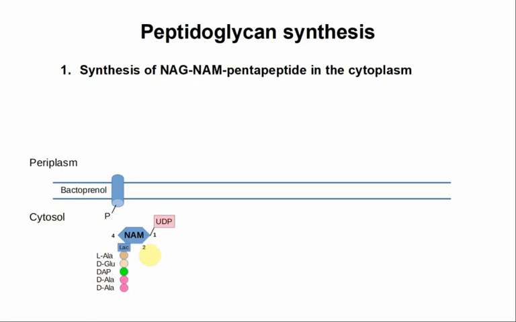Right. Next step is that this whole thing is going to be connected to bactoprenol. So this is the lipid part. Initially, it's monophosphorylated with the phosphate group here sticking out into the cytoplasm. So after this step, you get bactoprenol pyrophosphate, and then NAM and the pentapeptide. So where does this other phosphate group come from?